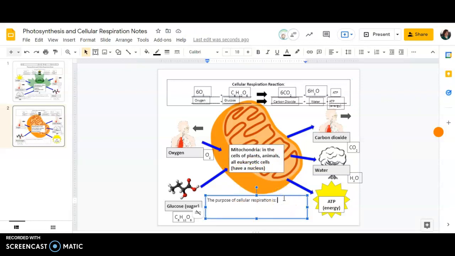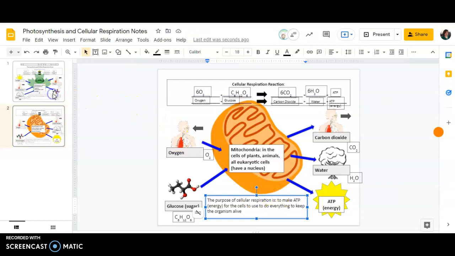All right, so the purpose of cellular respiration is to make ATP, which is energy, for the cells to use to do everything to keep the organism alive. That is what the purpose of cellular respiration is.